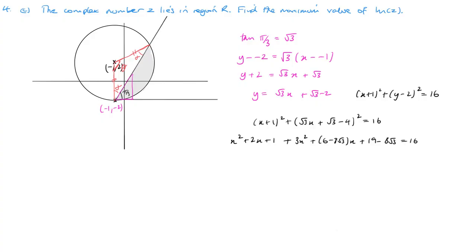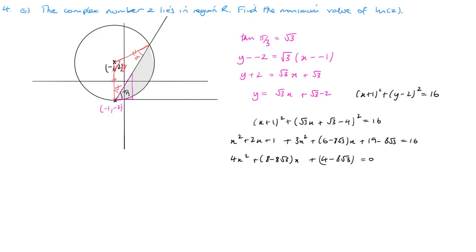Now sorting this out, I've got 4x squared, and then plus 8 minus 8 root 3x, adding the 2x to this, and then add the 1 to this gives me 20, and then take away 16 will give me 4. So plus 4 minus 8 root 3. So that's my A, my B, and my C.